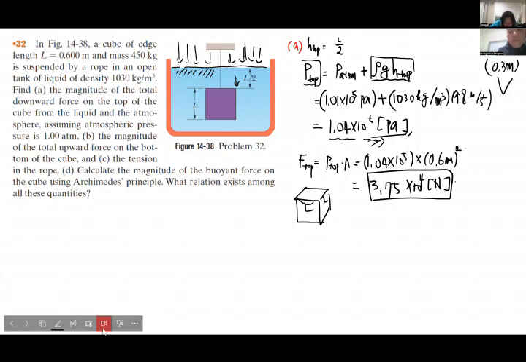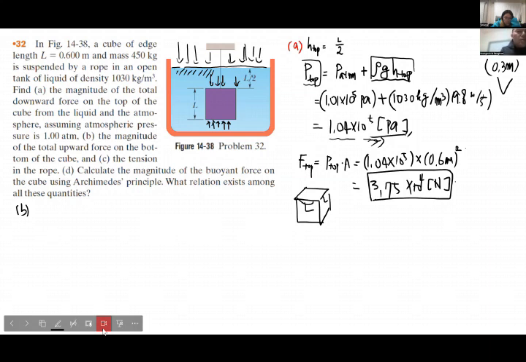Then number B, now we have to estimate the magnitude of the total upward force. Now we estimated the downward force on the top surface of this cube. Now we want to estimate the force upward on the bottom surface.